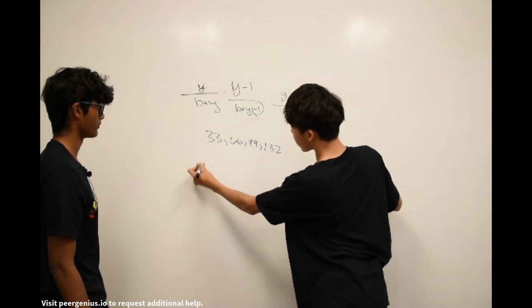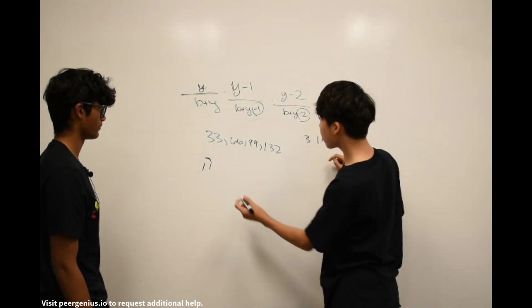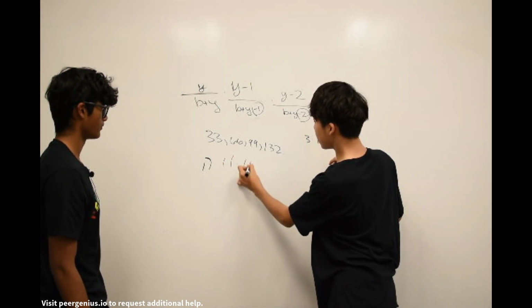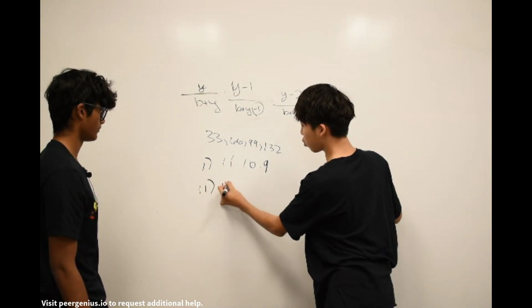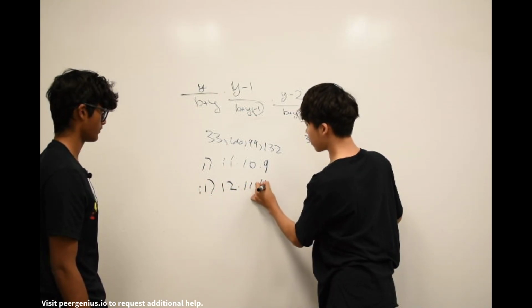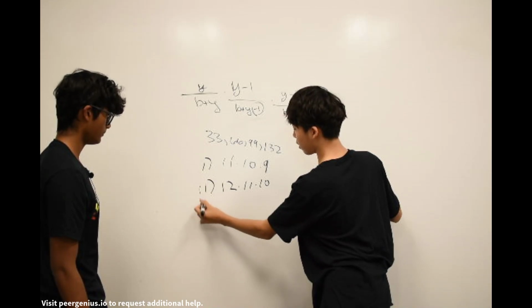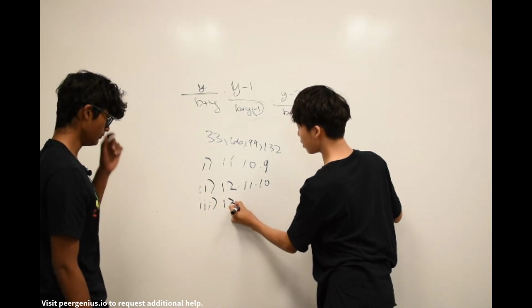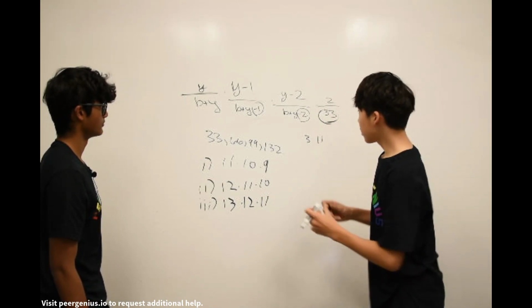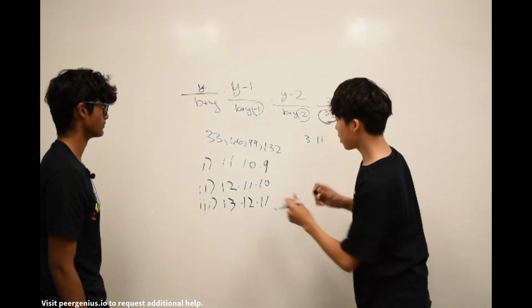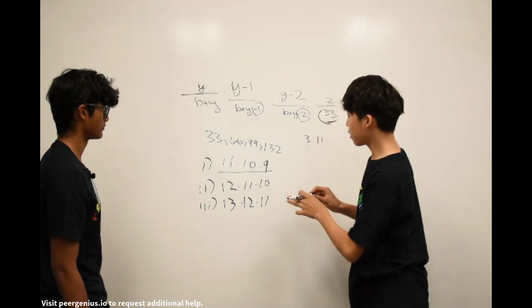That gives 3 cases where the denominators are 11, 10, and 9, or 12, 11, and 10, or 13, 12, and 11. And when we look at each case, let's look at the first case.